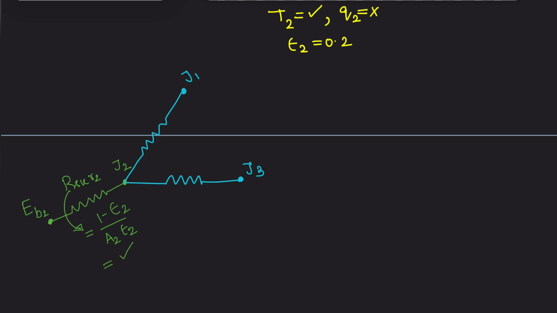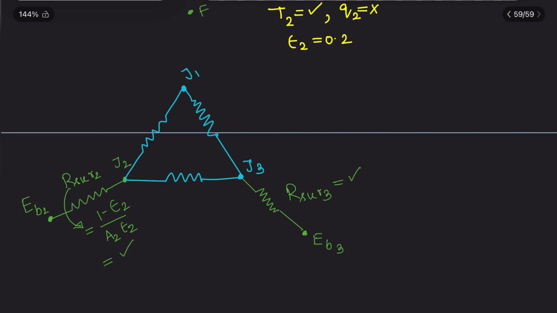Also between J3 and J1 we have to build the connections. And for the other surfaces I need to define the same thing, that is EB3. This one is the surface resistance of surface 3, and this is also given because I know A3 and epsilon 3, and this is EB1.